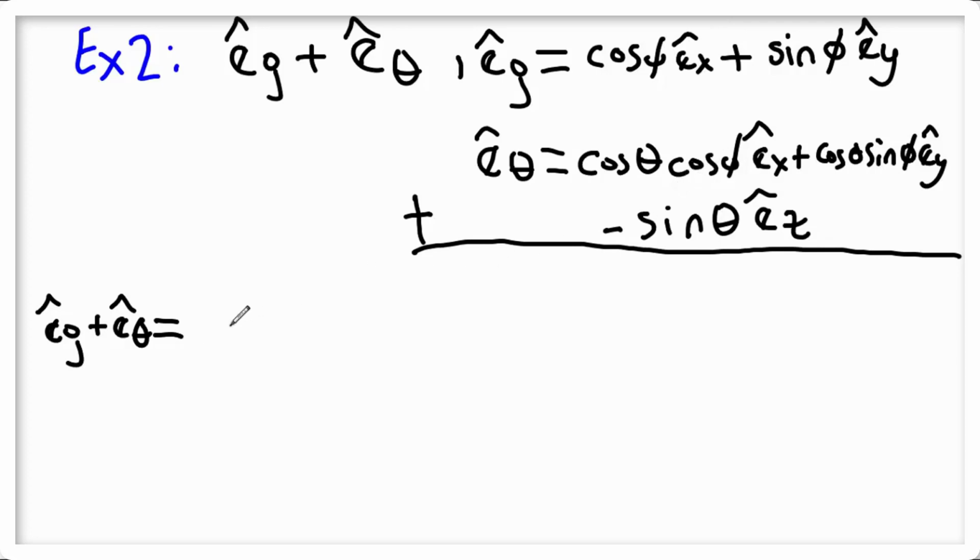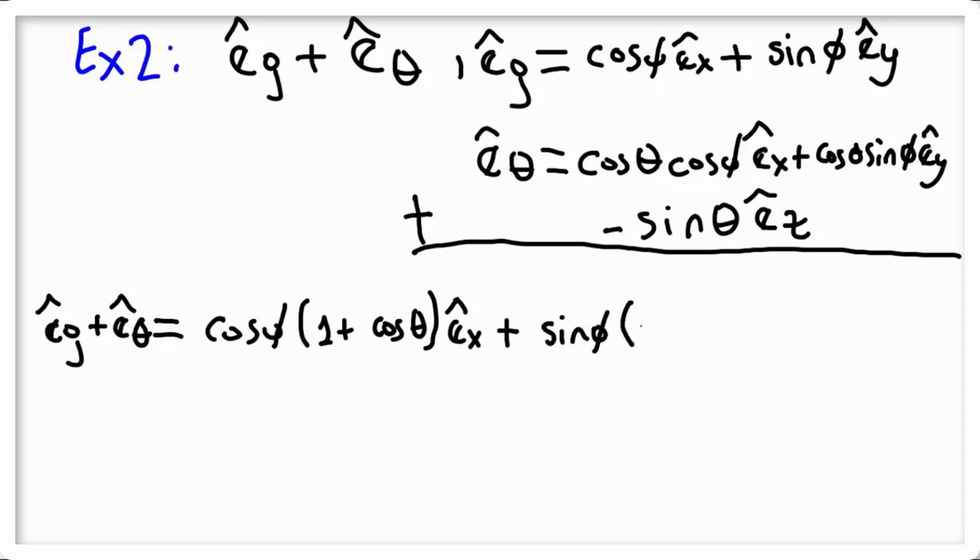I can write cosine phi in parentheses 1 plus cosine theta times ex. For ey, what is there? Sine phi in parentheses 1 plus cosine theta times ey. Ez is just minus sine theta ez. That's it. Okay, this is our solution.